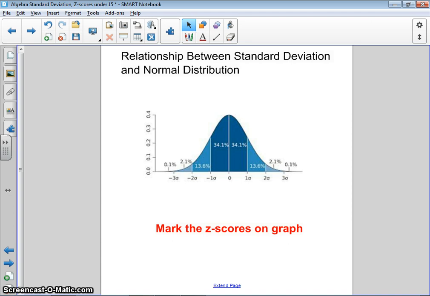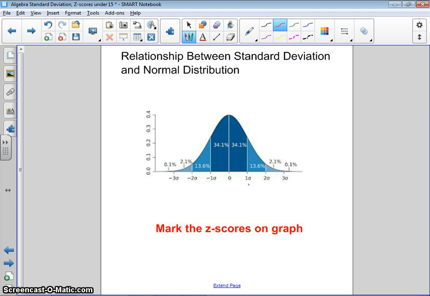In other words, if you have enough data in a set, the individual scores or readings all tend to migrate towards the middle of the set. So you're more likely to get answers that are close to the average value than you are out on the extremes. The reason I'm showing you this is because we have standard deviations marked underneath here.